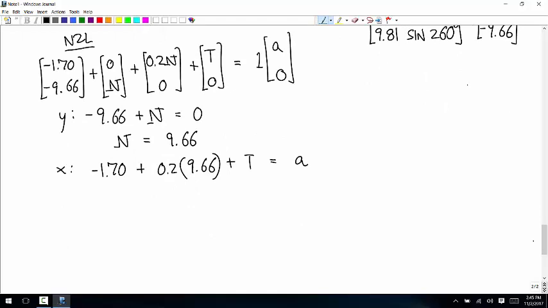And I'll just rearrange it a little. Let's see, 19.32. I think that's positive 0.23. So T is equal to negative 0.23 plus a, I think.